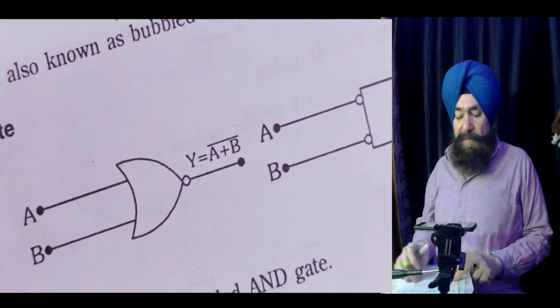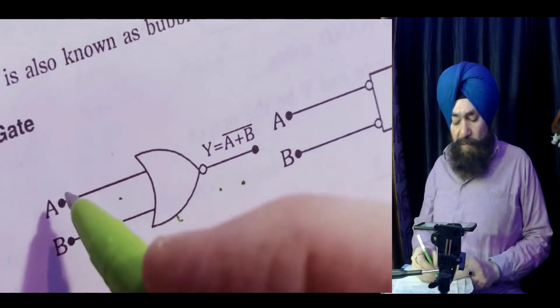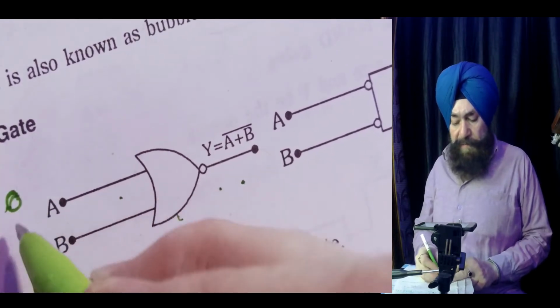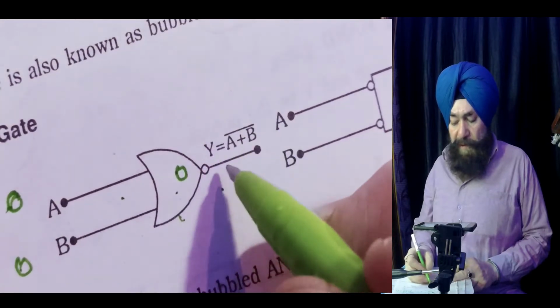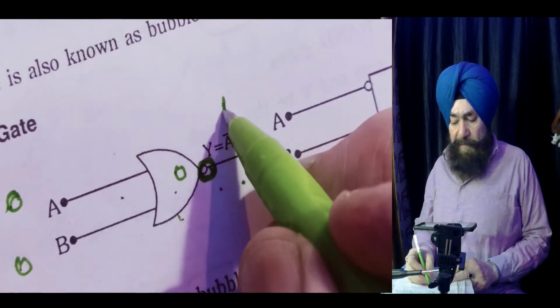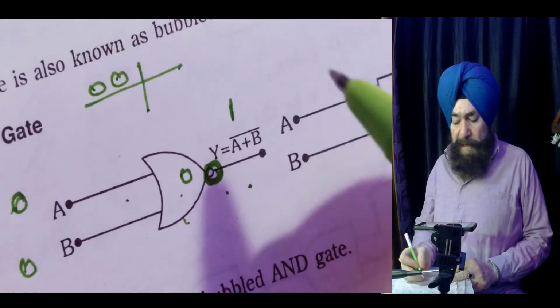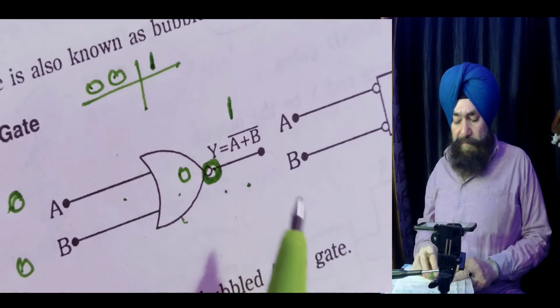Similarly, I am giving a question to you. This is our NOR gate. We are having 0 0 here. OR gives 0, and this is a NOT, that becomes 1. So 0 0 becomes 1.